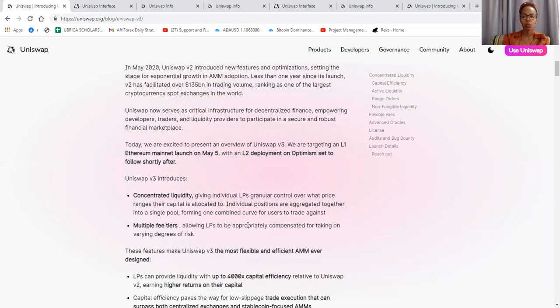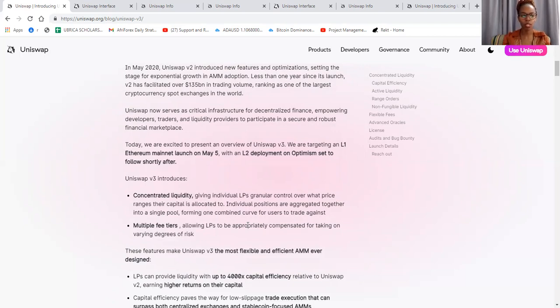For example, if we provided liquidity in V2, with 1 ETH and 3 million UBN, it means that the price range was between 0 and infinity. But what concentrated liquidity does is give you a chance to specify which price range you are going to provide liquidity for.